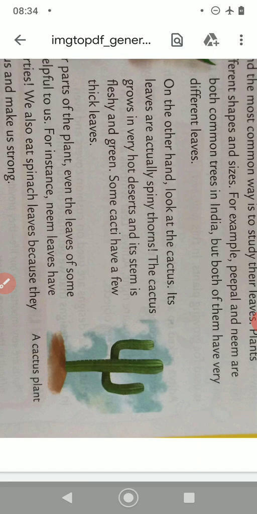This is a tendency of the leaf to throw away water in the form of vapors out of the plant, to maintain the temperature of the plant.